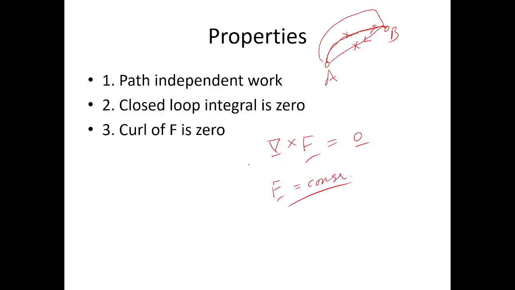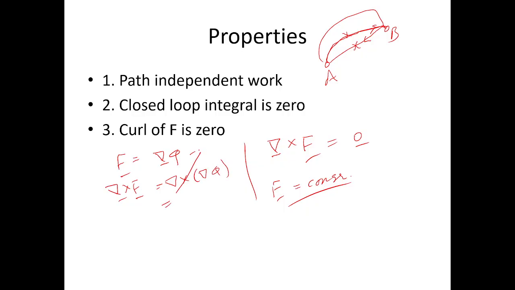Okay, so here is a simple proof for it. F is conservative, so we can put it as the gradient of phi, and taking the curl on both sides, you see curl of gradient phi.